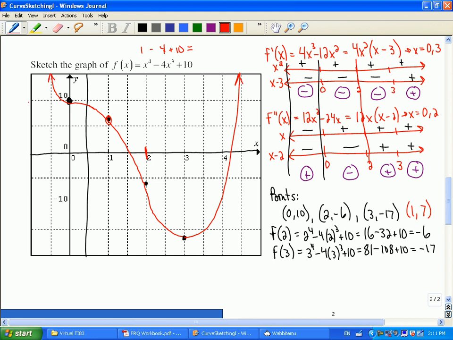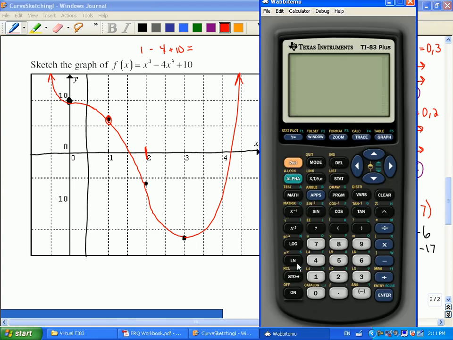Okay, so I don't know how reasonable that is, but just to show you what's happening, we'll take a look on the graphing calculator. So x to the 4 minus 4x cubed plus 10. And I'll use a similar window. So my window goes from the minimum x value here looks like -1.